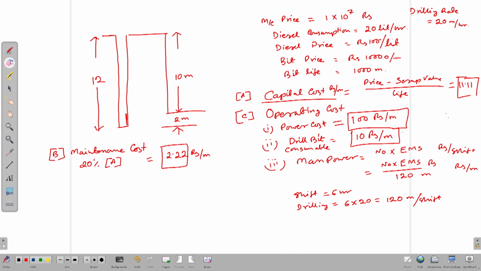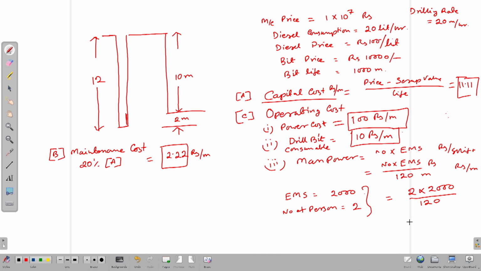Now, for this we have to calculate. Let us consider our EMS is 2000 rupees and the number of persons required is 2, that is one driller and one drill helper. So, it becomes 2 into 2000 divided by 120.